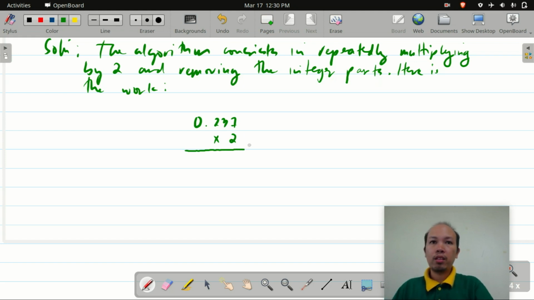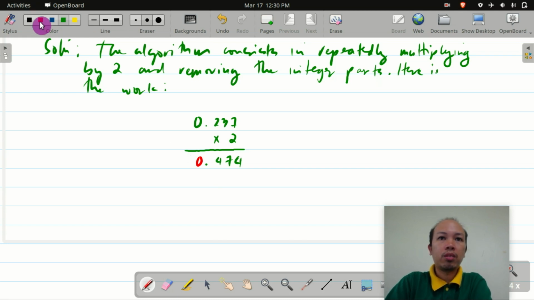So what do we get? I have a calculator here. 0.237 times 2 is 0.474. The integer part, 0, in red, is your C sub 1.